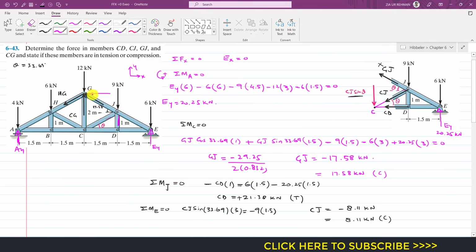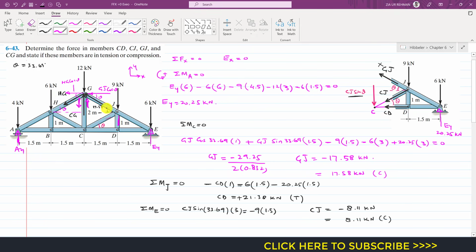If I resolve this Gj member into its components, since both of these angles are alternate angles, then this is Gj cos of theta, and here we will have the sine component of Gj. Similarly, both of these triangles are similar, so if this angle is theta, then this angle is also that same theta. So if we resolve this Hg into its components, this is Hg cos of theta, and here we will have Hg sine of theta, which will be acting vertically downward.